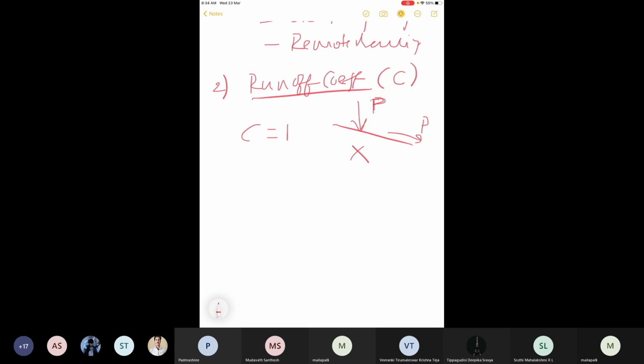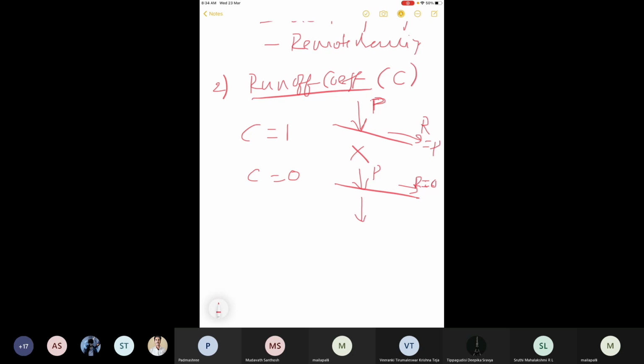So 100% of precipitation is being converted into runoff. Whereas if C is equal to 0, nothing is coming out, so your runoff R will be 0, and the precipitation is mostly going down.